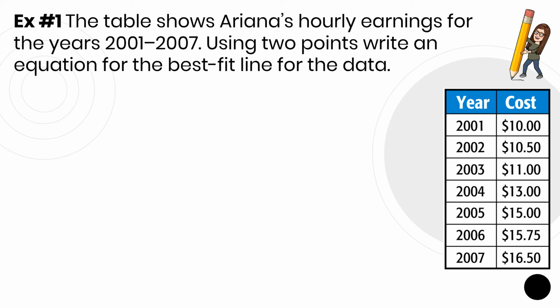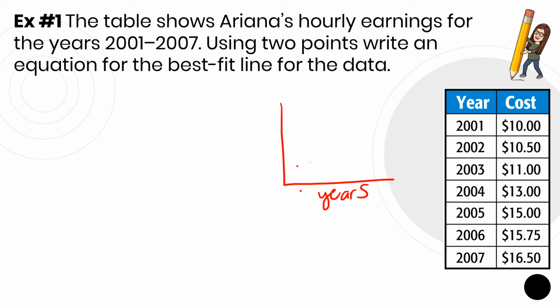Let's take a look at this example. This table shows Ariana's hourly earnings for the years 2001 to 2007. We're going to use 2 points to write an equation for the line of best fit for the data. So I don't even need to graph it, but let's just talk about it for a second. As the years increase, her wage increases.